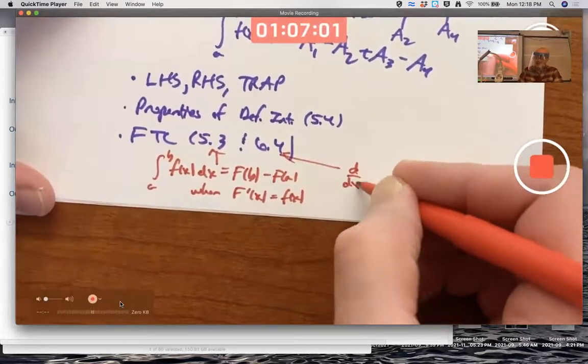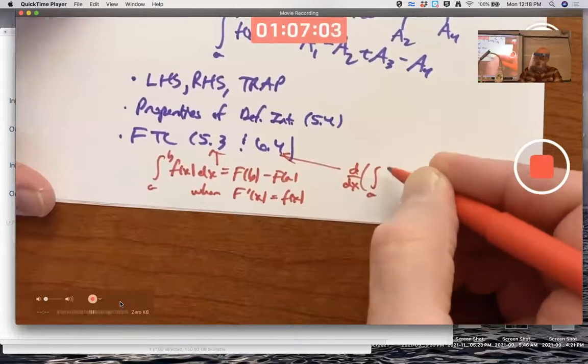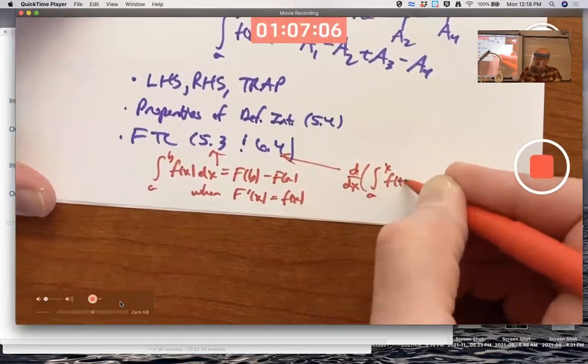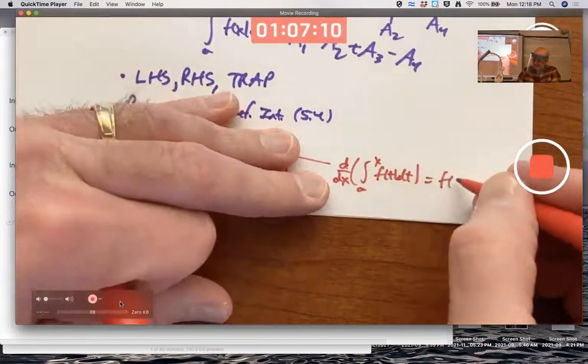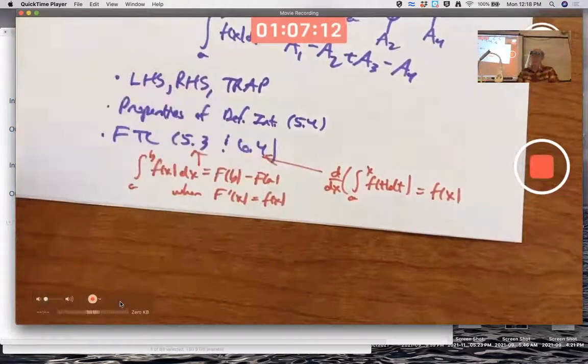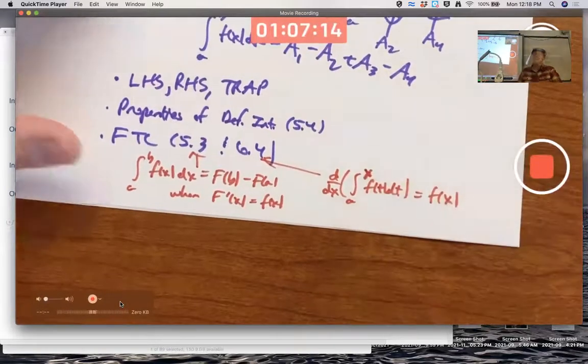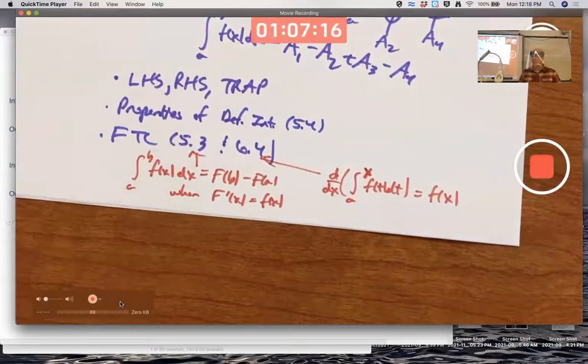That's the derivative of the integral is the little f function, but use an x. If the variable is in the upper limit of the integral, as this is, that's the 6.4 one. They are actually related to each other, though it's not so clear how.